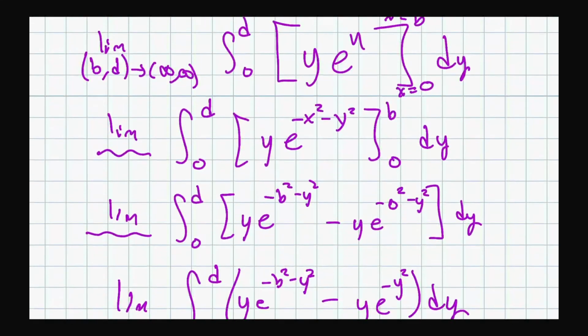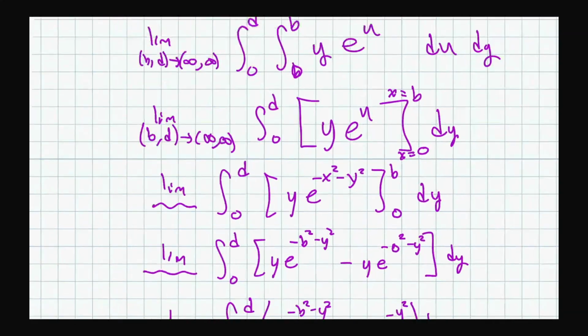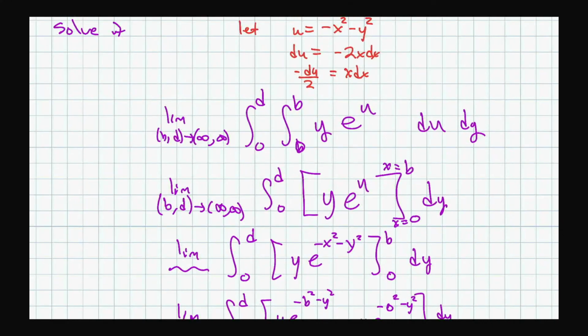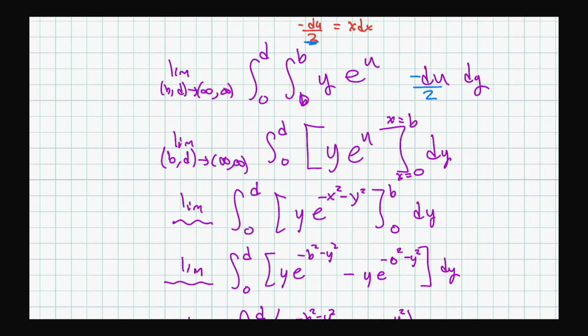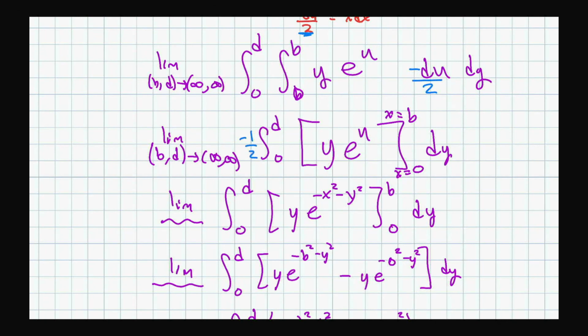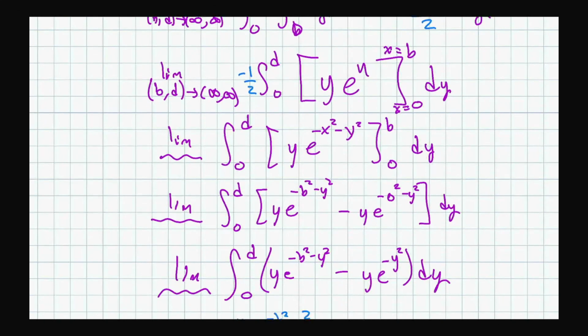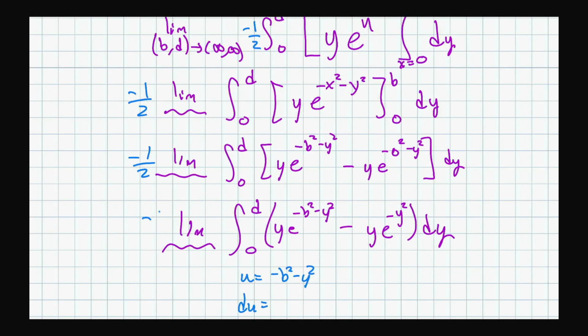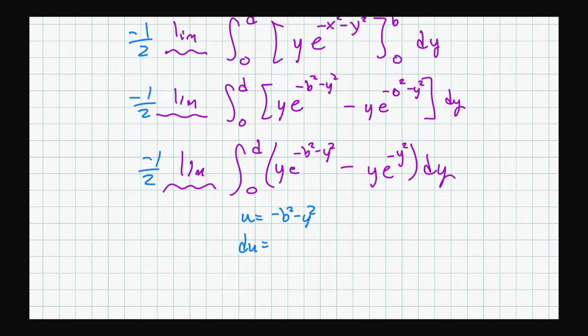I just realized I messed something up. I have to go way back. What about the negative over 2? So there's a negative 1/2 out here in front now. I'll put it way out here. Now it's not in the way. Okay, sorry about that.